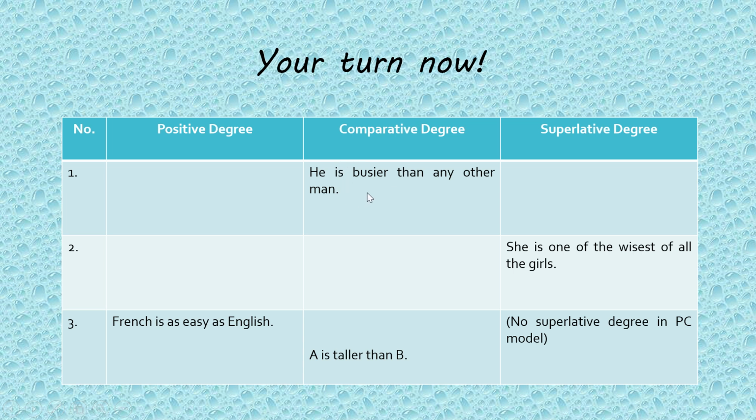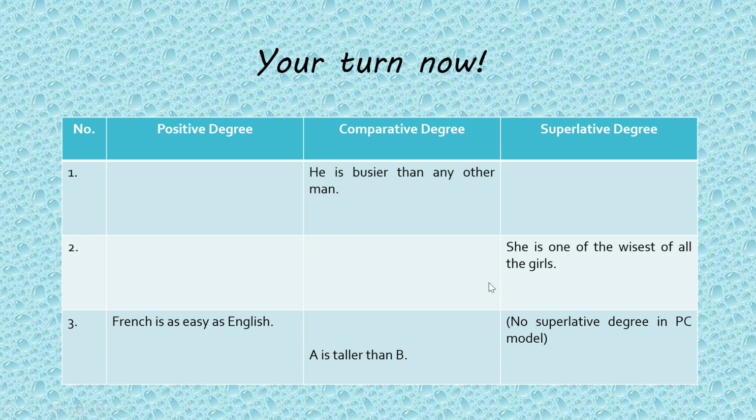When you say it in positive degree, you say no other man is as busy as he. I have used only pronouns here, no noun names are given. And in superlative degree, we say he is the busiest man.